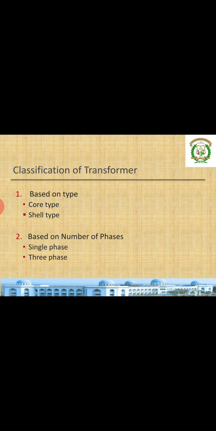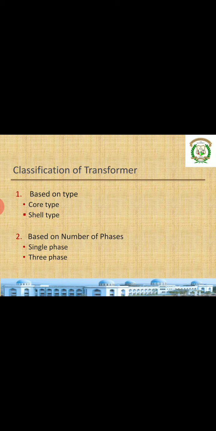Let us see the different classifications of transformers. Based on the type, transformers are classified as core type transformers and shell type transformers. Usually we use core type transformers, and a few shell type transformers are also available.